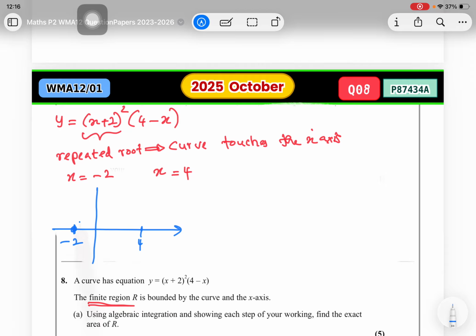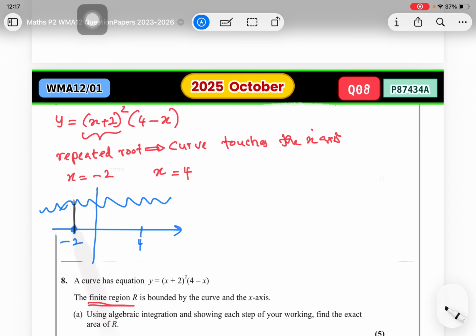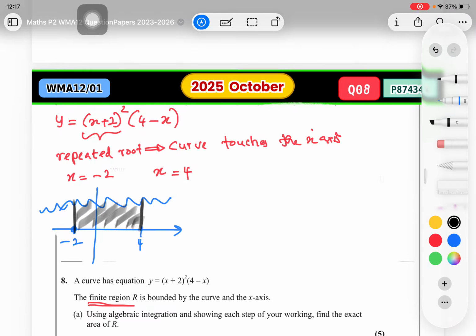It's important to know that whatever the shape of the curve doesn't matter, because we just have to integrate it. Whatever the curve, all the values will be from here to here. So this is the range that we have to find the area for.